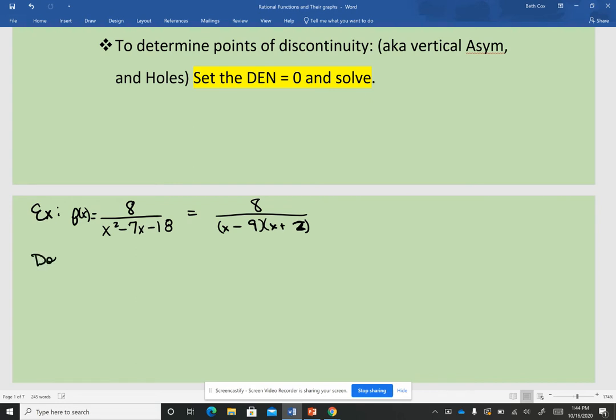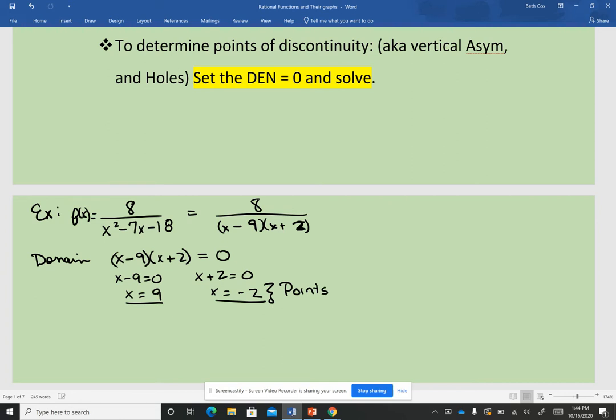To find the domain, we take the denominator, set it equal to 0 and solve. By the zero product property, add 9 to both sides, subtract 2 on both sides. These are our exclusions, our points of discontinuity. We have -2 and we have 9. These are numbers that we must exclude from our domain.